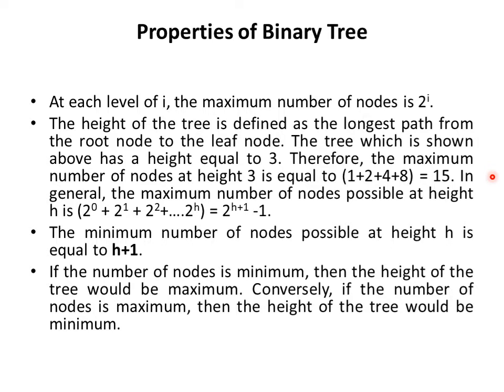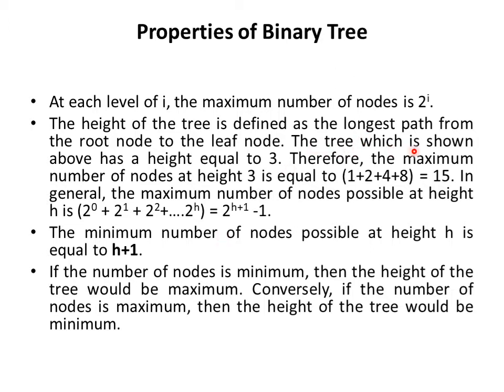Now let us concentrate on the height of the tree. The height of the tree is defined as the longest path from the root node to a leaf node. That is, in the previous example, from 1 to 5.